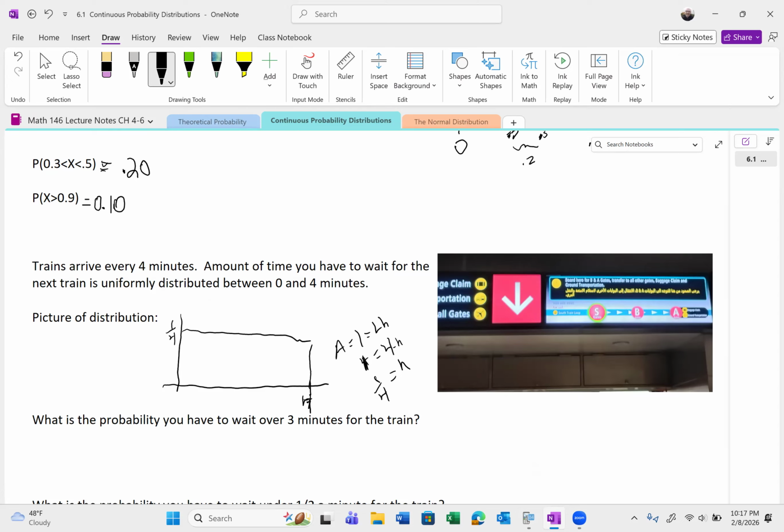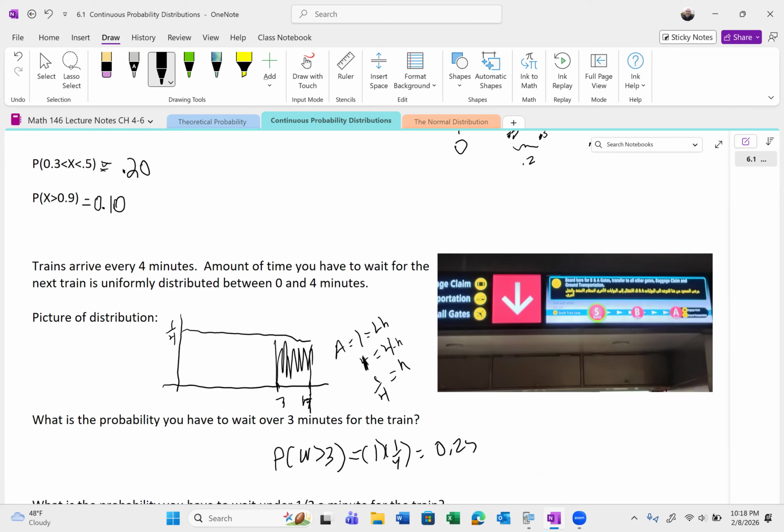So if we're looking for the probability that you have to wait over 3 minutes, you're looking at this area in that last section of the graph between 3 and 4. For that section, the probability that W, the wait time, is greater than 3 would be the width of that section, which is 1 unit wide, multiplied by the height, which we calculated above to be 1/4.